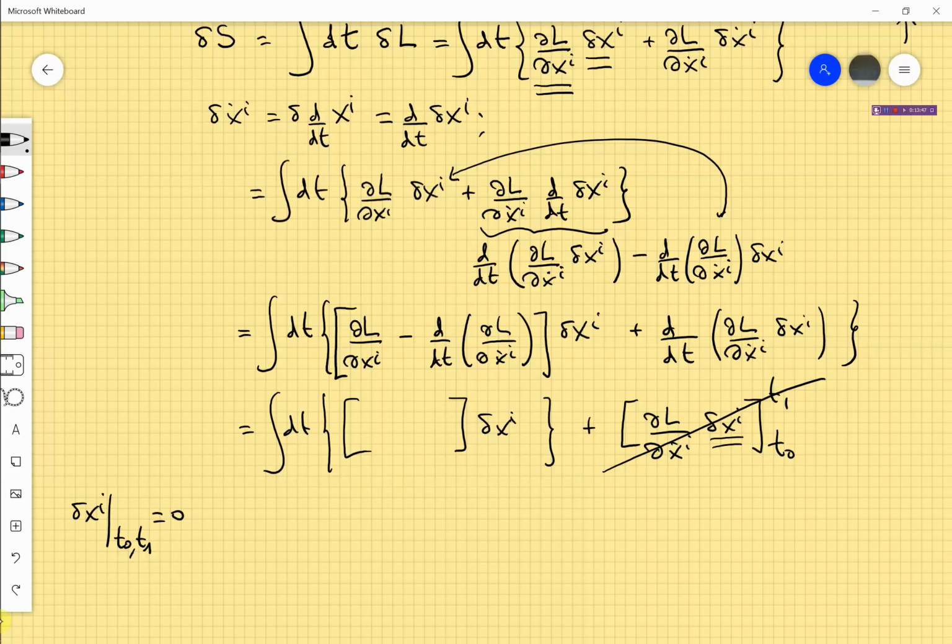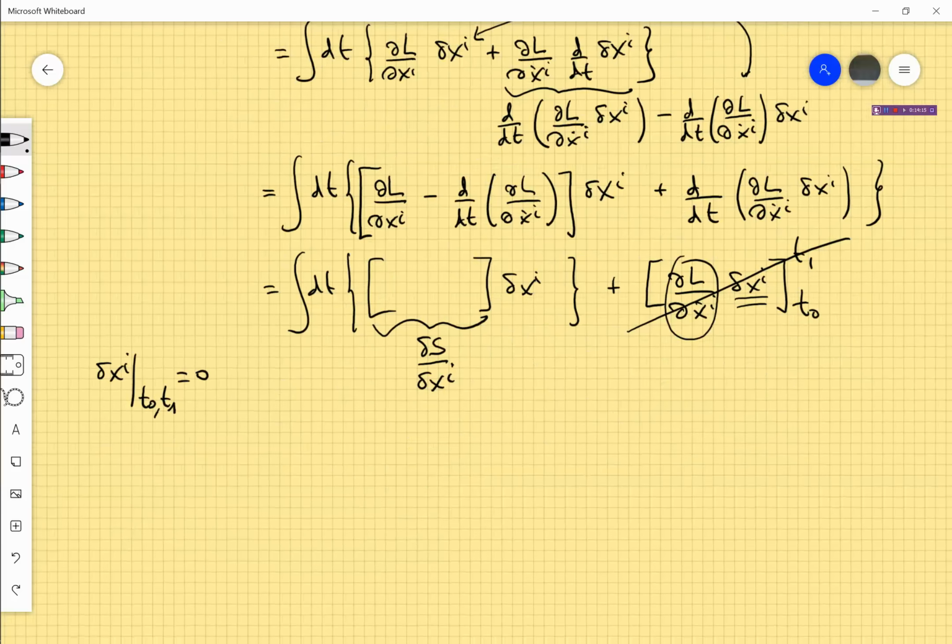I don't know what partial L with respect to x dot I is, but I know that delta xi vanishes at t1 and t0, which is the only term that appears here. And then I have something which is proportional to delta xi, and this is delta S over delta xi by definition. So I find that delta S over delta xi is given by the Euler-Lagrange equations of motion.